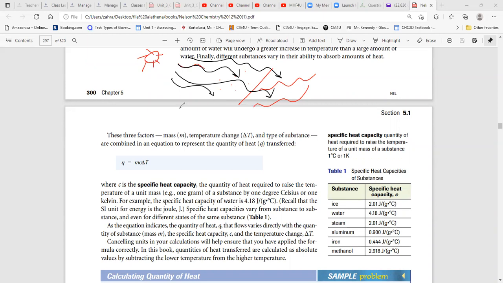The reason is that the heat capacity of sand is much smaller than the heat capacity of water. Small means you need to give it a small amount of energy to increase the temperature of the sand. Very large means you have to give a lot of energy to water to increase its temperature by 1 degree Celsius.